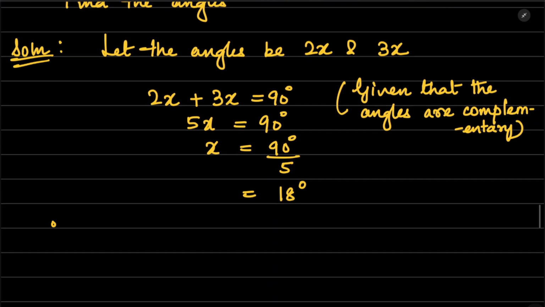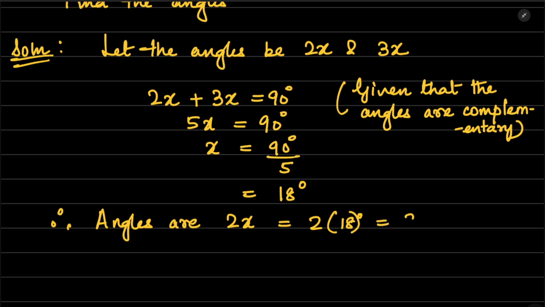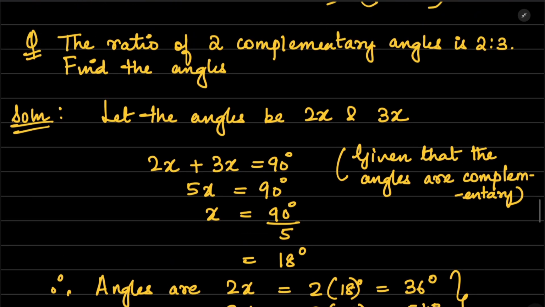Therefore the angles are 2x, which is 2 into 18 degrees, that is 36 degrees, one angle. 3x, 3 into 18, which is 54 degrees. So these are the angles that are asked.